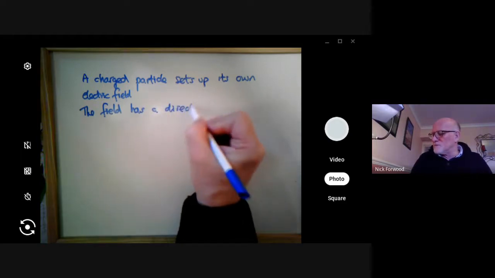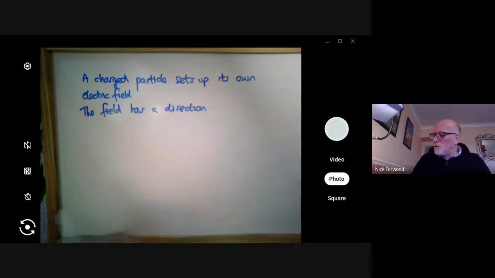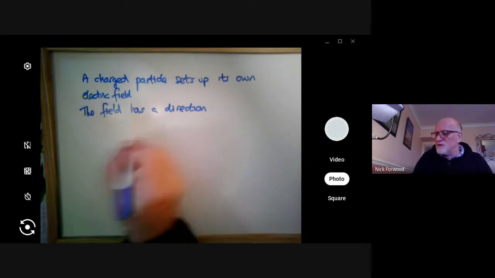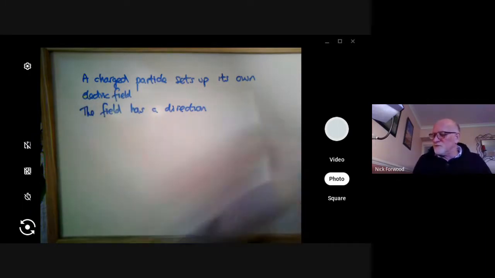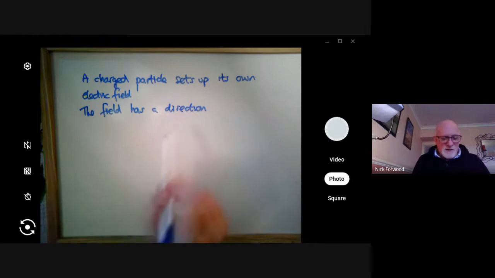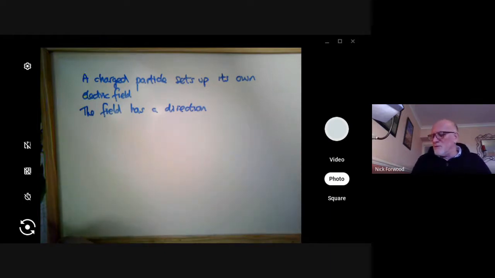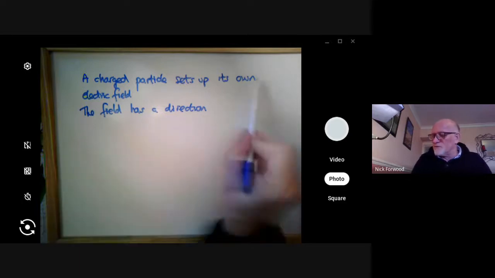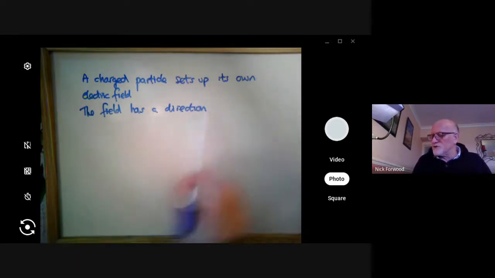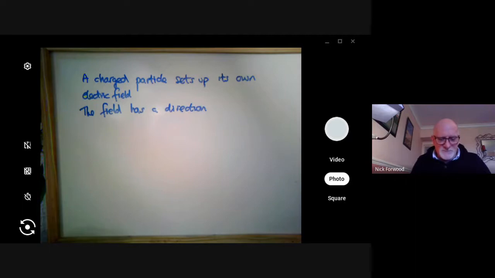Now, you can't see what the field looks like, and you can't see in which direction it goes. So we've got to imagine, and we're going to build up a picture of what the invisible field looks like, and secondly, which direction it goes in.